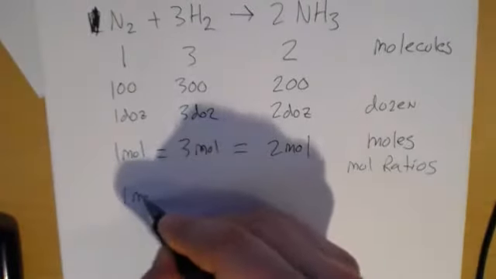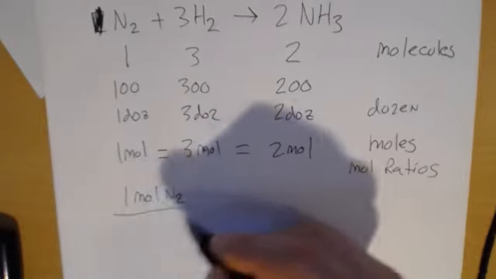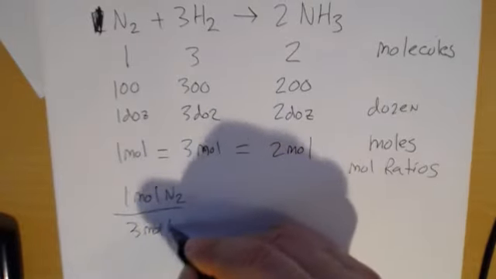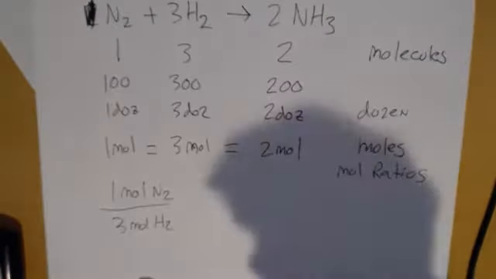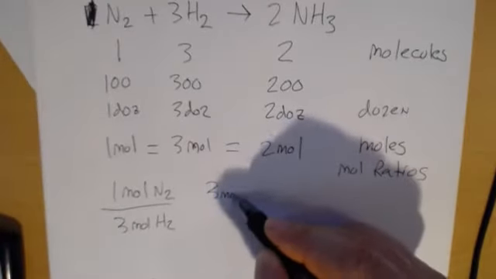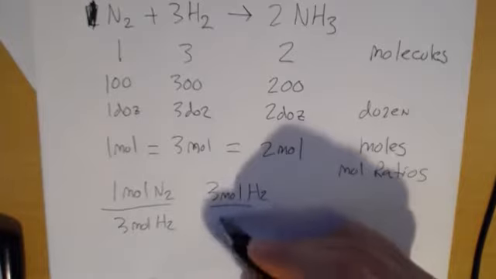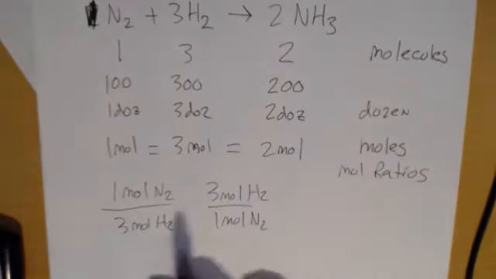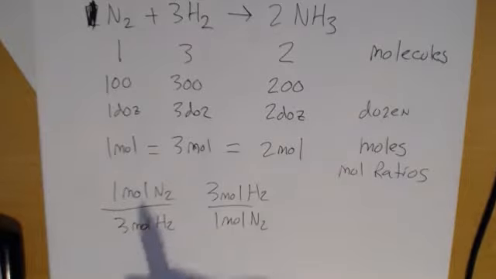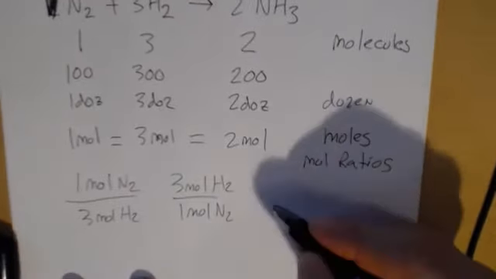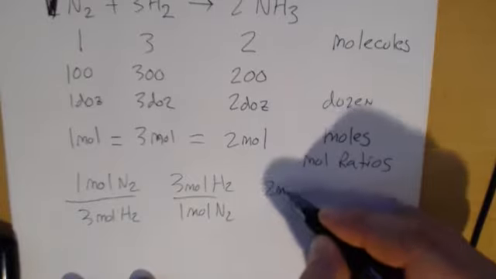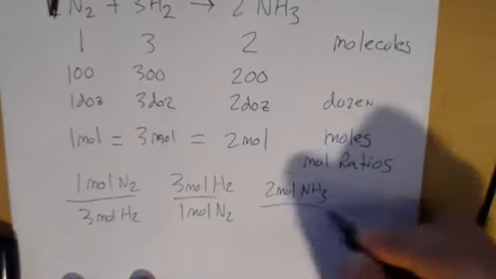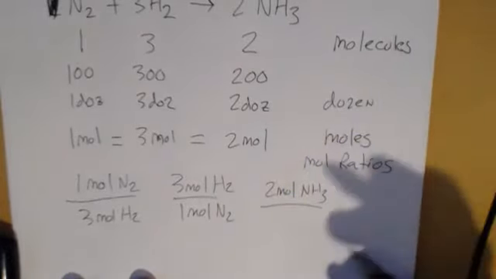I can have 1 mole of nitrogen over 3 moles of hydrogen, or I could have 3 moles of hydrogen over 1 mole of nitrogen. If I wanted to cancel nitrogen, I'd use this one. If I wanted to cancel hydrogen and find nitrogen, I'd use that one.